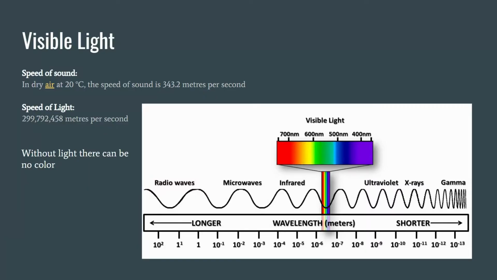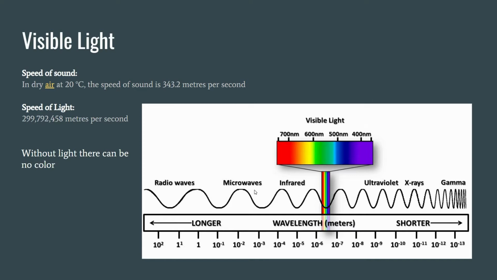The electromagnetic light spectrum emits light from radio waves to gamma waves. Anything above the visible light spectrum, which is right here, is harmful to us, like ultraviolet and X-rays and gamma rays can actually kill us.